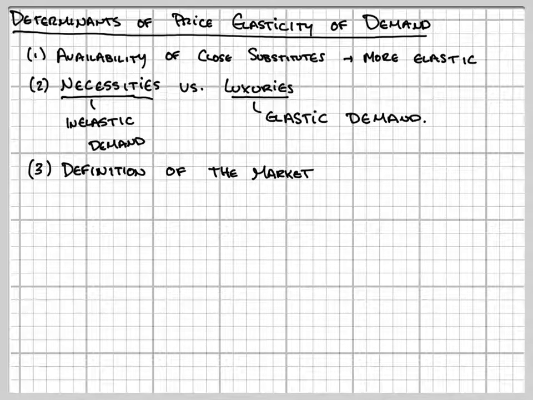If the market is narrowly defined, meaning that the market is a very small select group of people, then it's going to have more elastic demand.